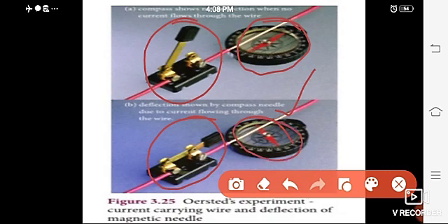From this he observed that when current passes through the wire, the magnetic needle is disturbed because a magnetic field is produced. So this is the experiment of Oersted to explain that a current carrying conductor produces a magnetic field.